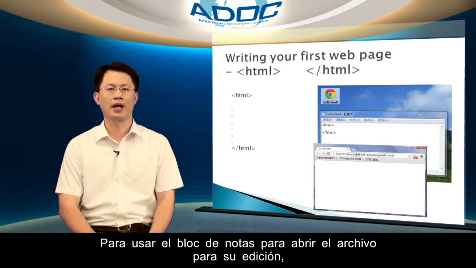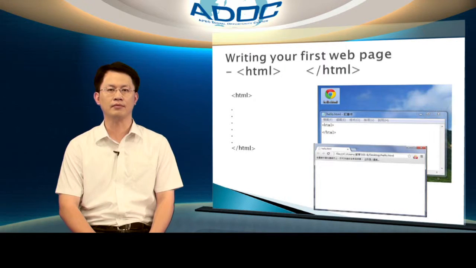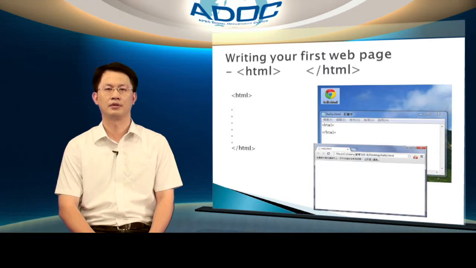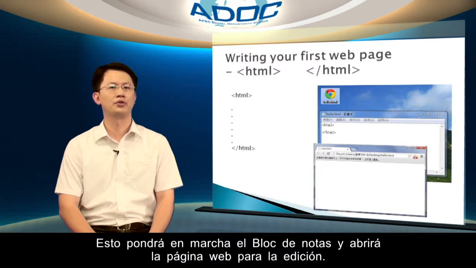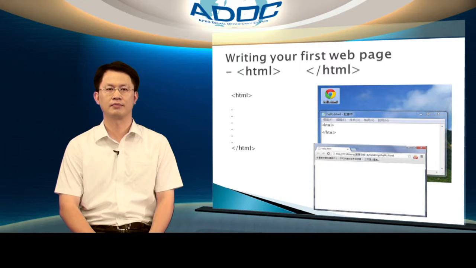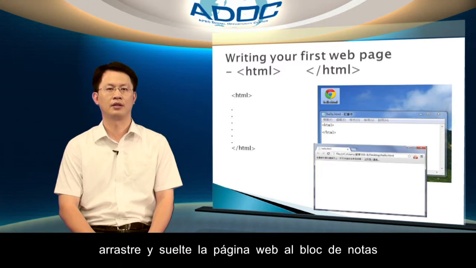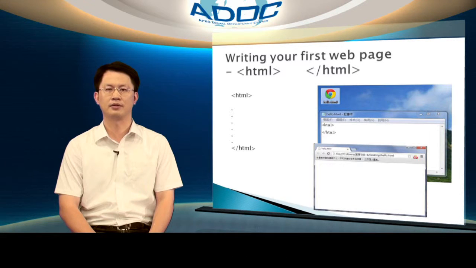To use Notepad to open the file for editing, right-click the file and select Open with Notepad. It will launch Notepad and open the web page for editing. Another trick you can use is to open Notepad first, then drag and drop the web page to Notepad.